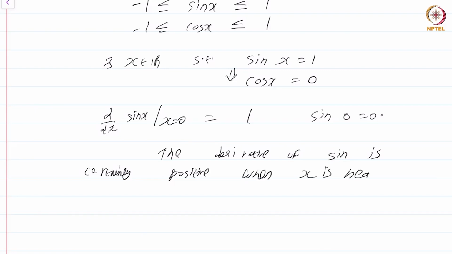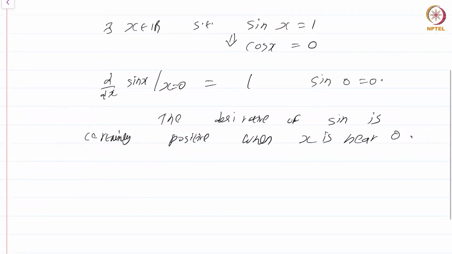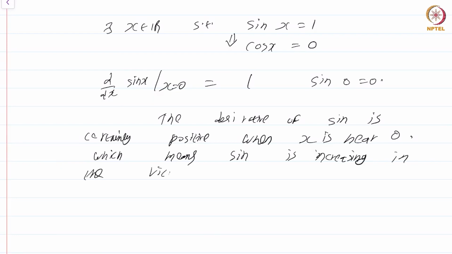Because the derivative at 0 is 1 and the derivative is cos x, which is a continuous function, the derivative is positive when x is near 0, which means sine is increasing in the vicinity of 0.